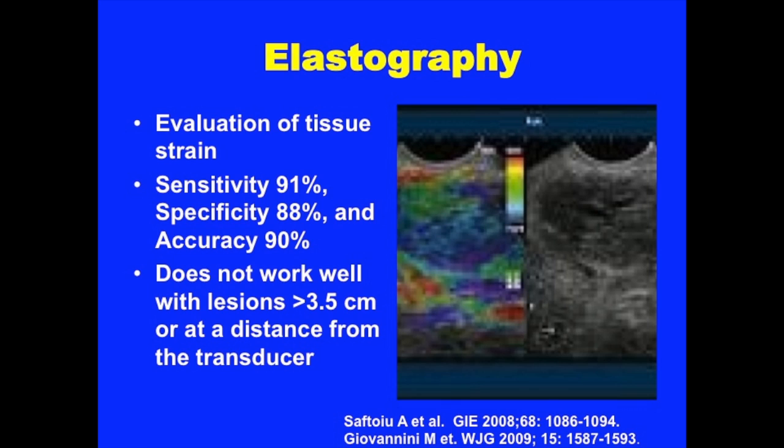One is elastography, in which we use evaluation of the tissue strain to try to tell us if something has more or less vascularity. In studies that have been reporting their sensitivity and specificity, they are usually somewhere around 90 and 88%, with accuracies around 90%. So we're still not to that 95 and above that we are otherwise.